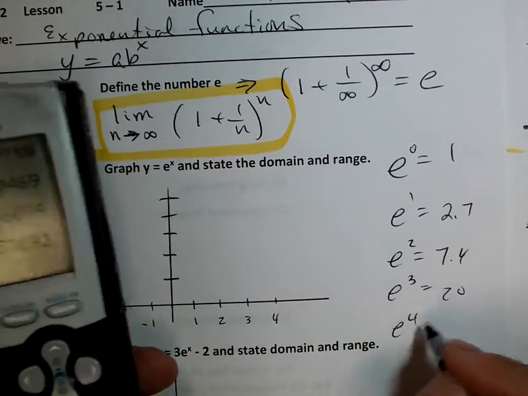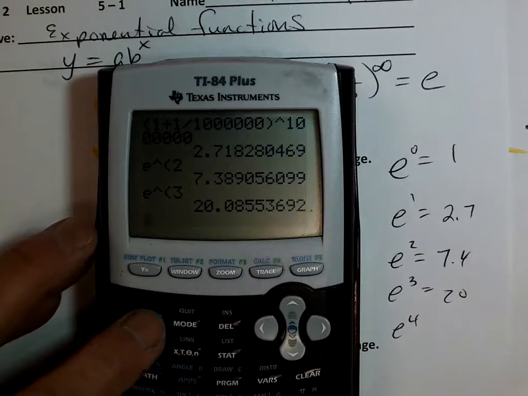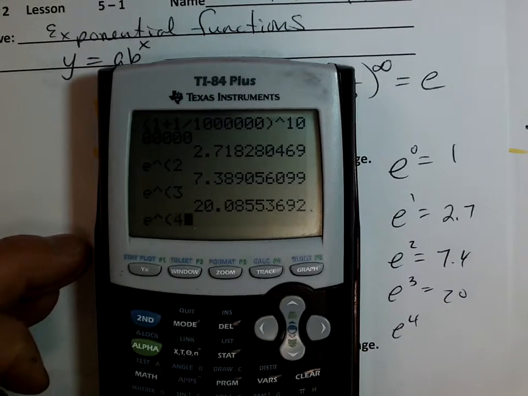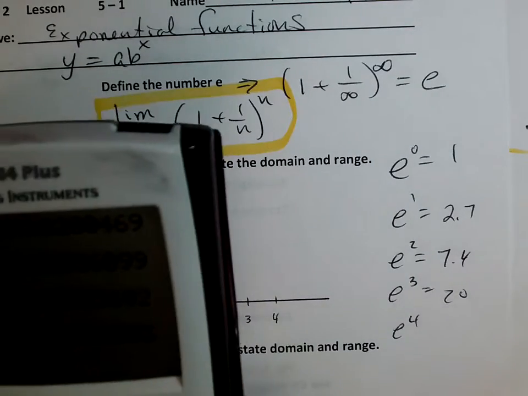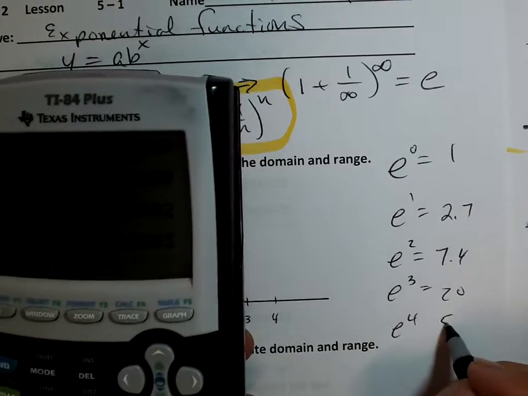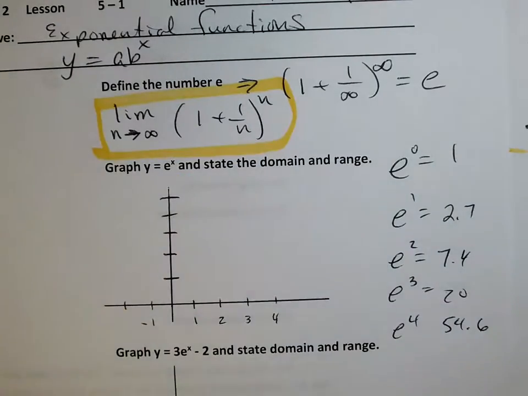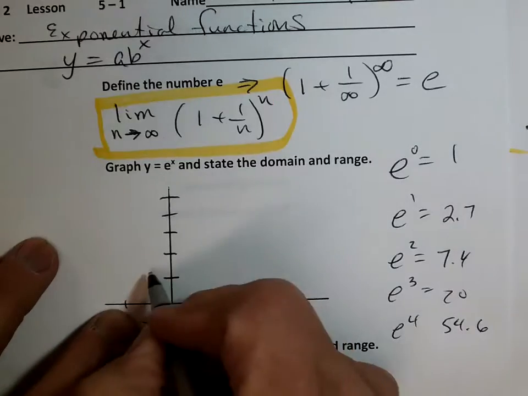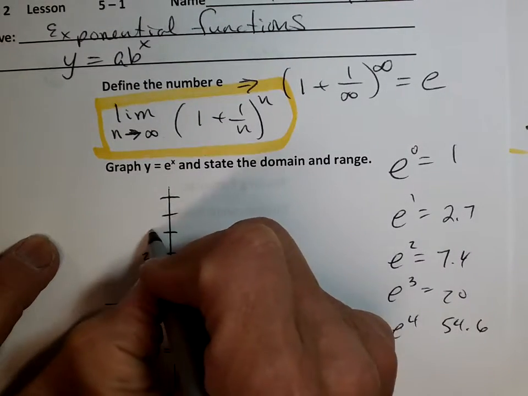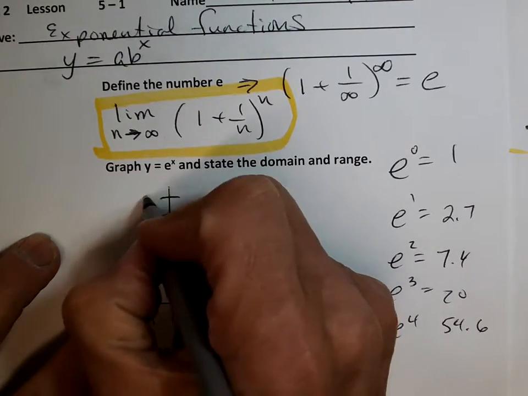And e to the 4th power is about 54.6. So I'm probably going to have to go by tens: 10, 20, 30, 40, 50.